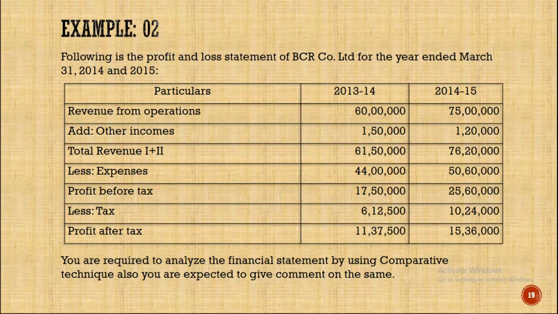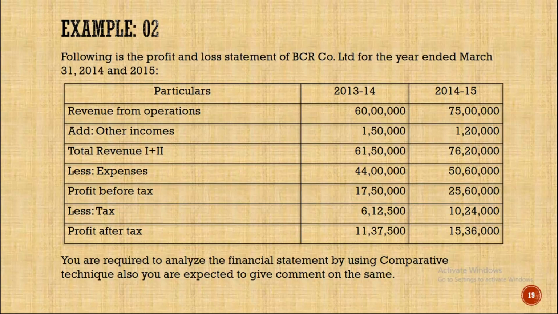So here revenue from operation is given, that is nothing but the sales revenue. Add other income, that is the income earned by the company from other sources. Addition of the two is written as total revenue, less expenses. Here they have given a total amount of expenses for the 2 years, then profit before tax, and then they have deducted tax from the profit and arrived at profit after tax, that is PAT.